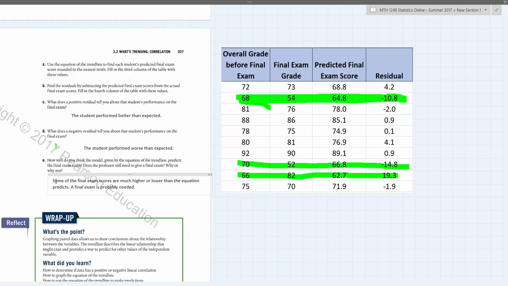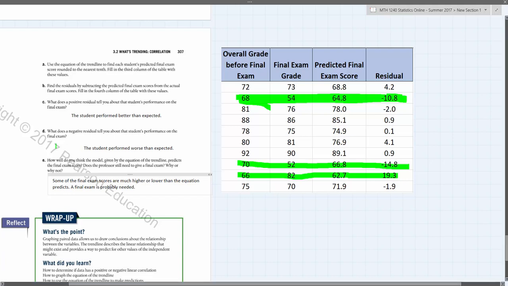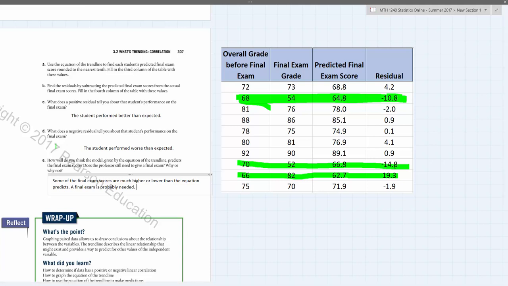So some students are doing much better or much lower than we would expect. Like this student here who has a 70 before going into the final, we would expect them to get around a 66.8 on the final exam, except they actually got a 52. So this is a negative residual. They were almost about a grade and a half less than what our model would predict.